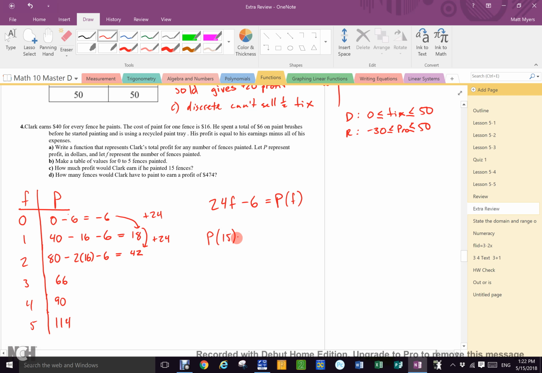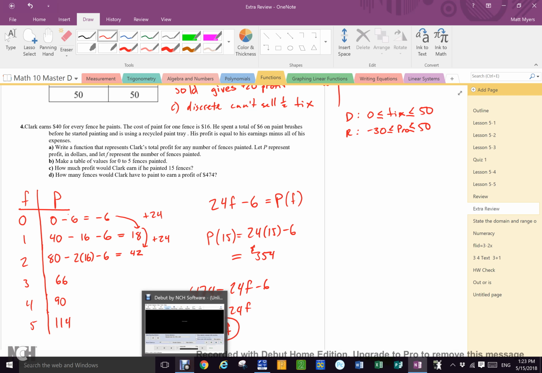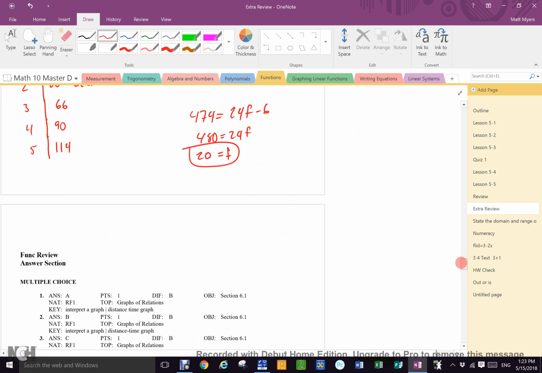P of 15 equals 24 times 15 minus 6, which is 24 times 15 is 240, 360, $354. And to earn a profit of 474, 474 equals 24F minus 6. 480 equals 24F. F equals 20. And then it's done. And I think that's the end, isn't it? Yep.